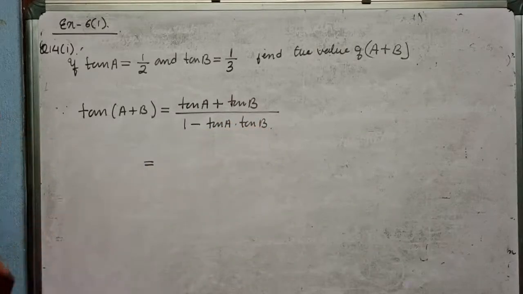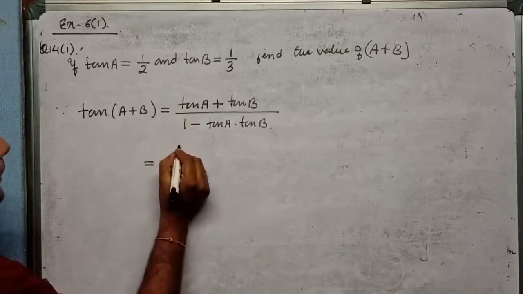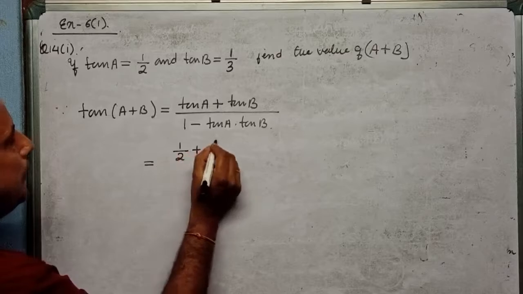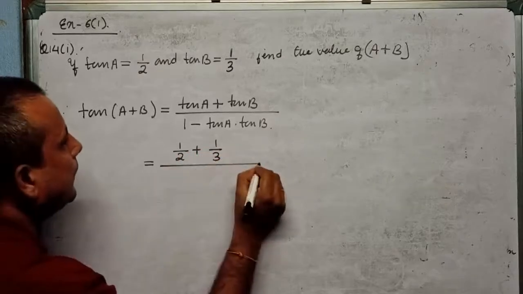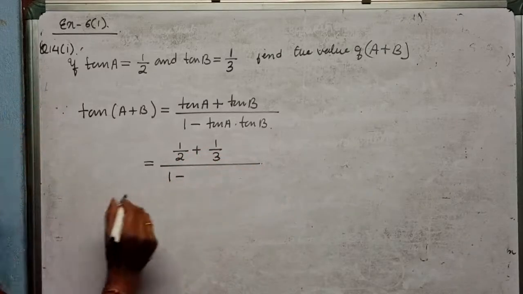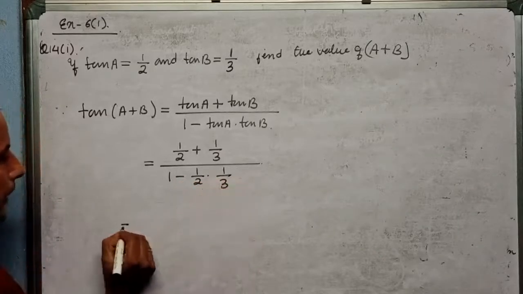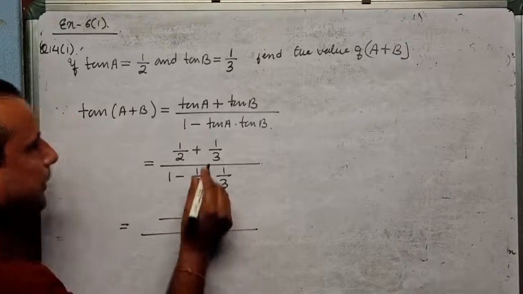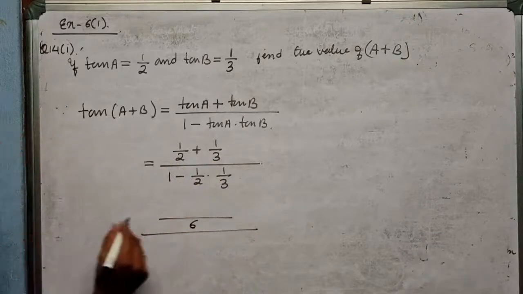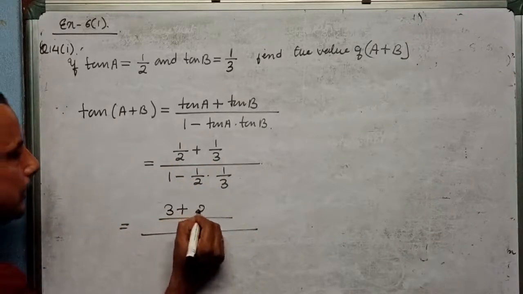After the formula, I'll substitute the values of tan a and tan b. Tan a is 1 over 2 plus tan b is 1 over 3, divided by 1 minus tan a, which is 1 over 2, times tan b, which is 1 over 3. In the numerator, the LCM is 6: 3 twos are 6 plus 2 threes are 6.